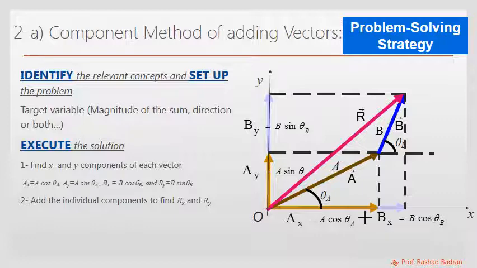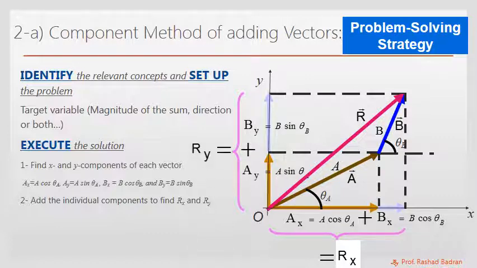Next, we'll add up the components along the x-axis in order to get the magnitude of the x component. Similarly, the y component of the resultant is obtained by adding up the y components of the vectors, and here we are.